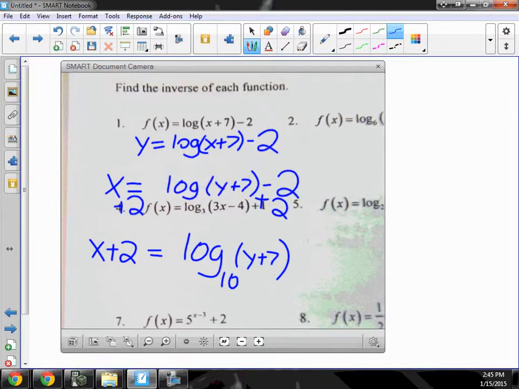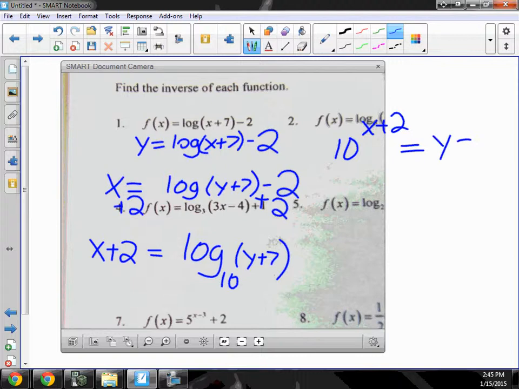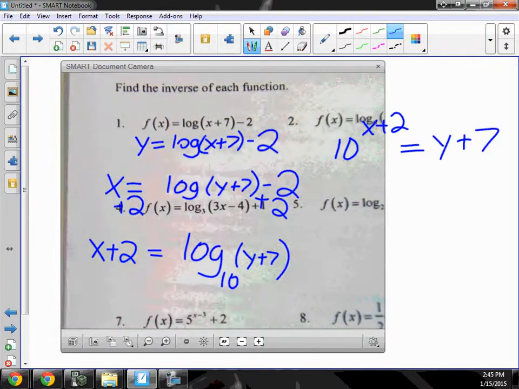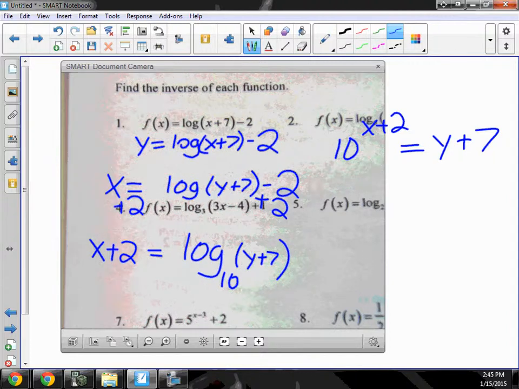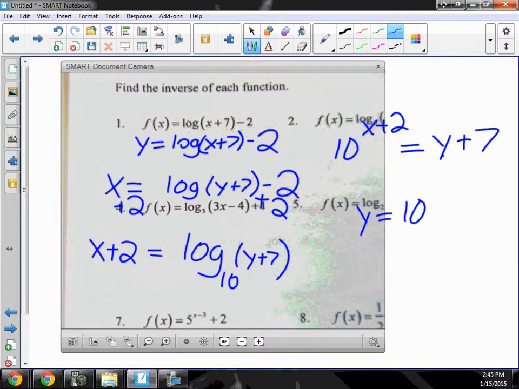No, we want to get rid of the log. That's the point. 10 to the x plus 2 equals y plus 7. Now I'm almost there. No, I want the y by itself. So y equals 10 to the x plus 2 minus 7.